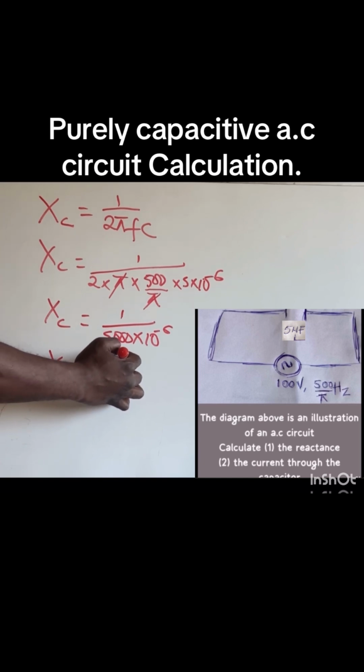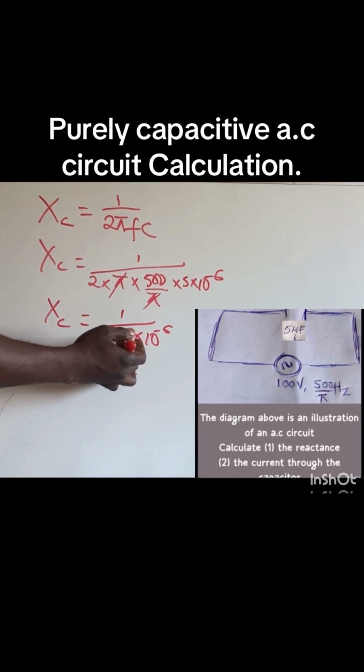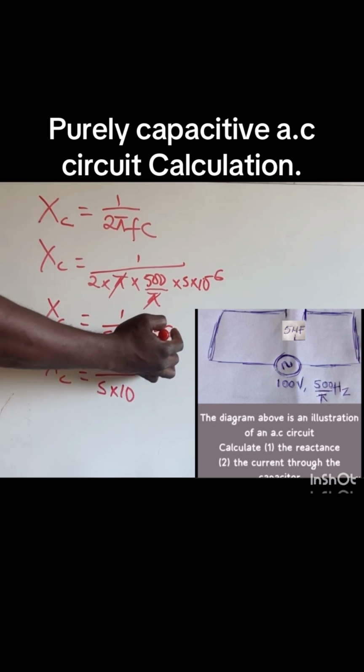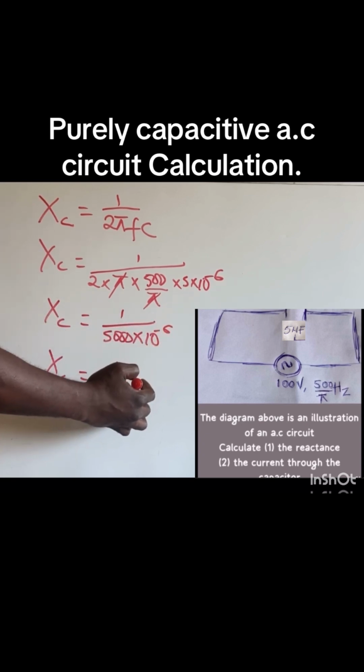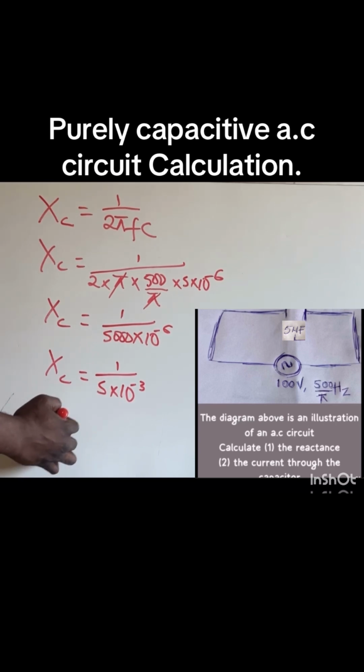So the capacitive reactance is 1 over, we move the point by 3, giving us 5 times 10 raised to the power, we decrease this by 3, making it to be in normal standard form.